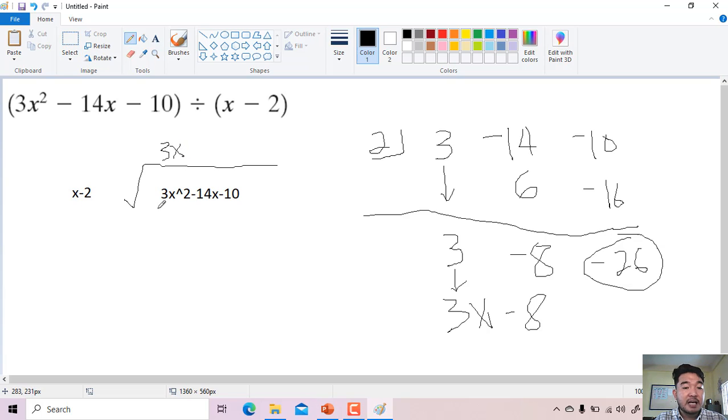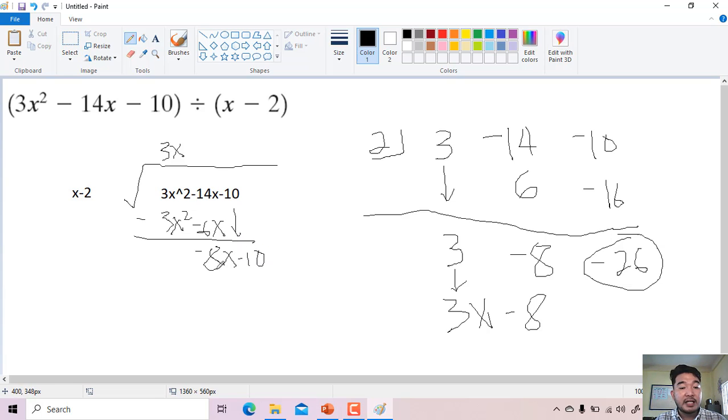Then 3x times x is 3x squared. 3x times negative 2 is negative 6x. And then we subtract. So negative 14x minus negative 6x is negative 8x. Then we bring down negative 10.